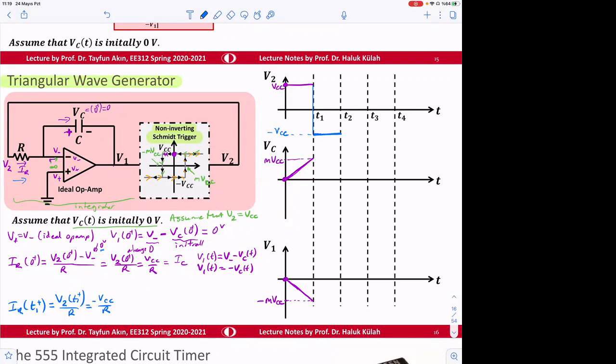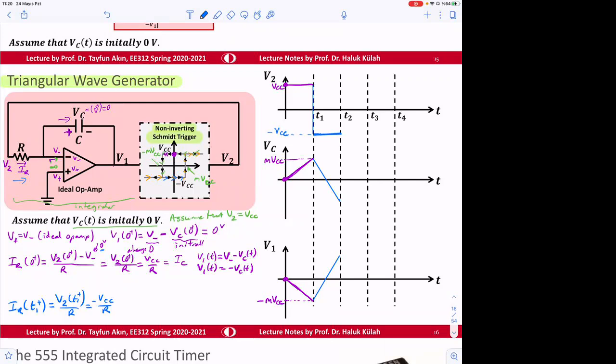And that changes the whole story here for the capacitor. Capacitor will start then discharging. And it will be discharging. So then accordingly, this will be charging. So this will be now going this way.